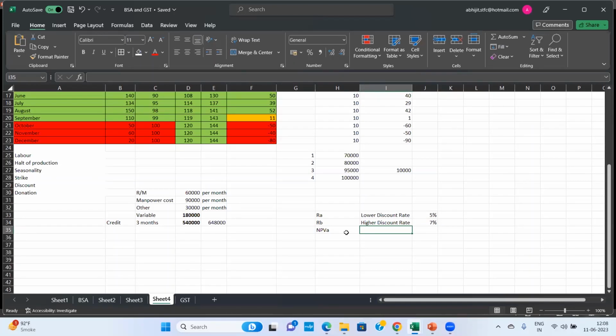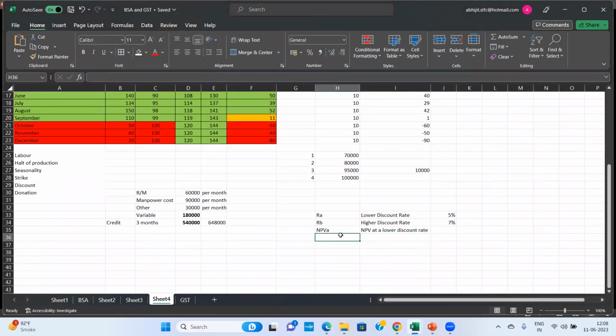NPVA means NPV at the lower discount rate, correct? Similarly, NPVB means NPV at the higher discount rate, right?